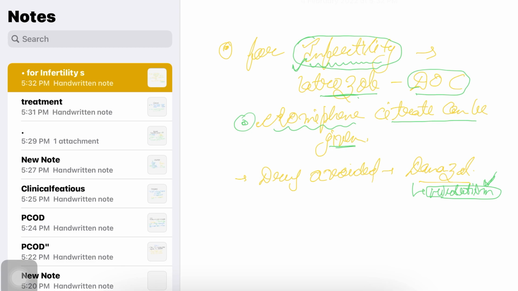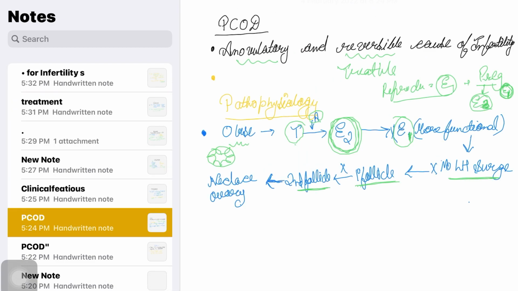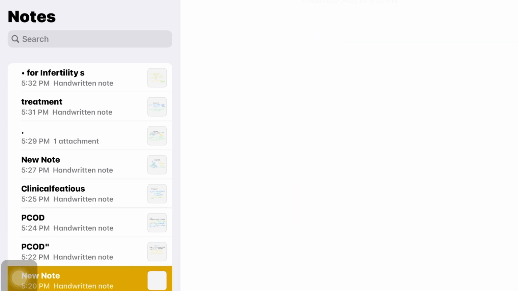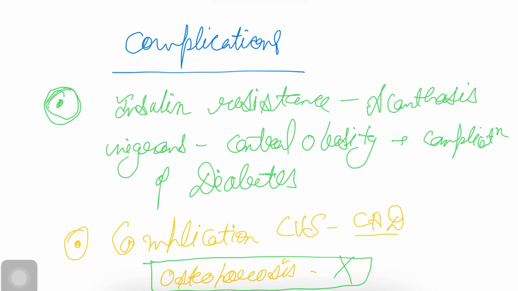Now the complications of PCOD. As we have seen, there will be insulin resistance. The patient is obese, has insulin resistance, acanthosis nigricans, and central obesity.